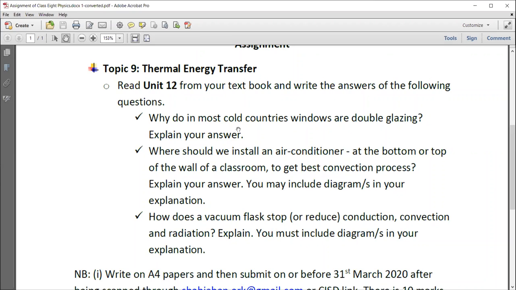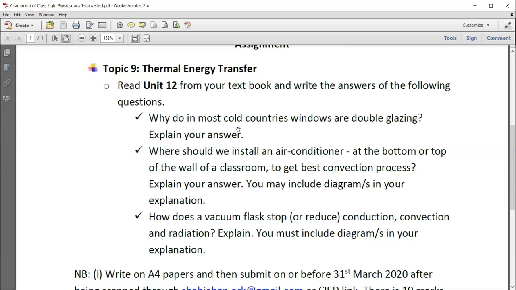So if somehow the outside air can get this heat energy or thermal energy from the hot liquid by conduction through the cork, then this heat could go outside through the convection process, right? Clear to you? I'm repeating.